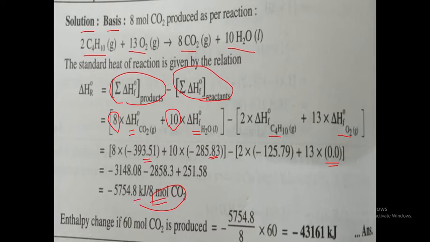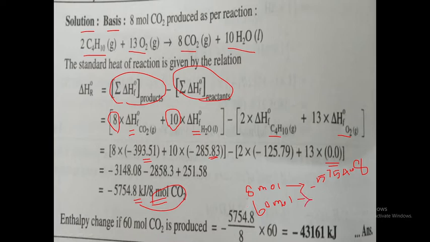As per the problem, if 60 moles of carbon dioxide are produced, what is the standard heat of reaction value? These 8 moles of carbon dioxide give minus 5754.8 kilojoule. So for 60 moles, as per the problem, what do we do?